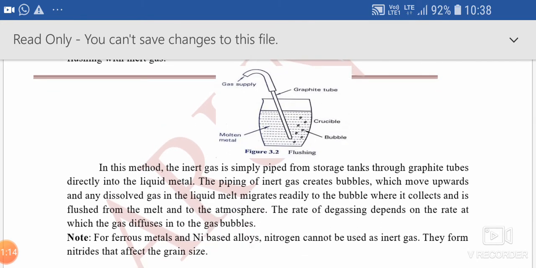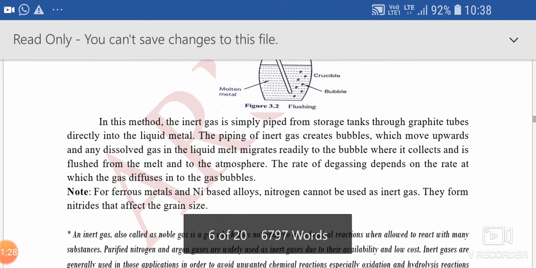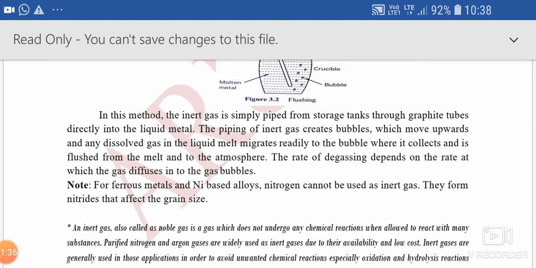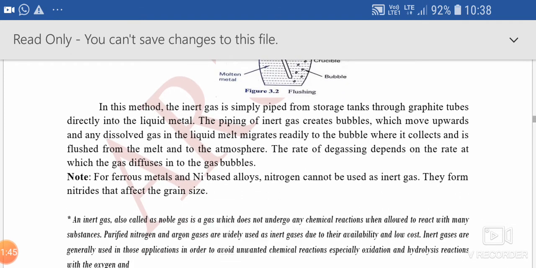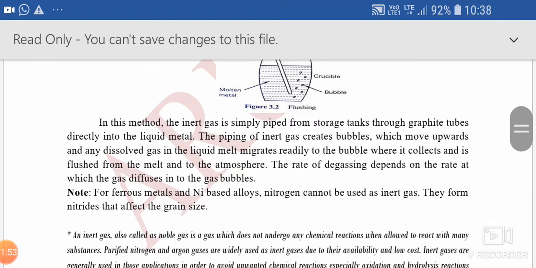These gases will not react with the molten metal, but bubbles will form and start moving upwards. Any dissolved gases have greater affinity towards the bubbles, combine with them, and are extracted from the molten metal and released to the atmosphere.